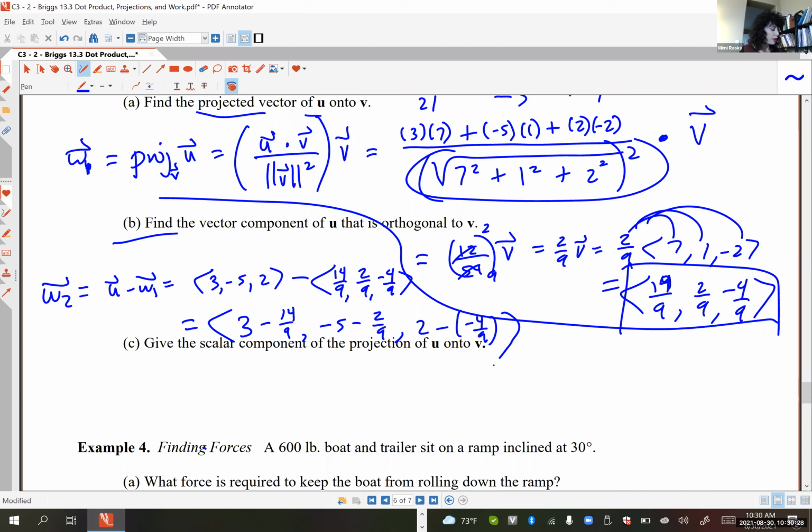And then you do the arithmetic here. And I get 13/9, -47/9, and 22/9 as my result.